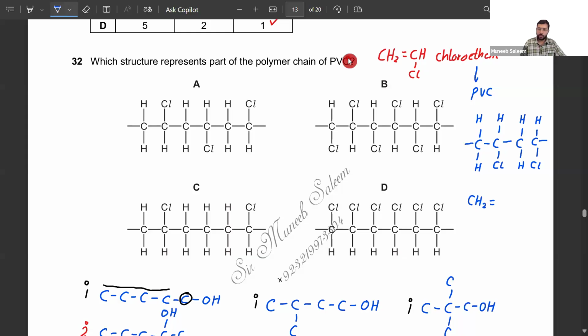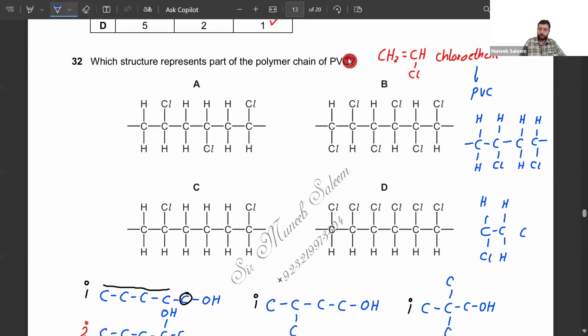CH2 double bonded, I will show in the displayed formula, in which, let's suppose, H, H over here, then CHCl, and the other monomer has the opposite side here. Instead of the chlorine, I will put it on the other side. Let me redraw the structure in which the Cl is on the left side, like this, and then carbon with two hydrogen atoms above and below.